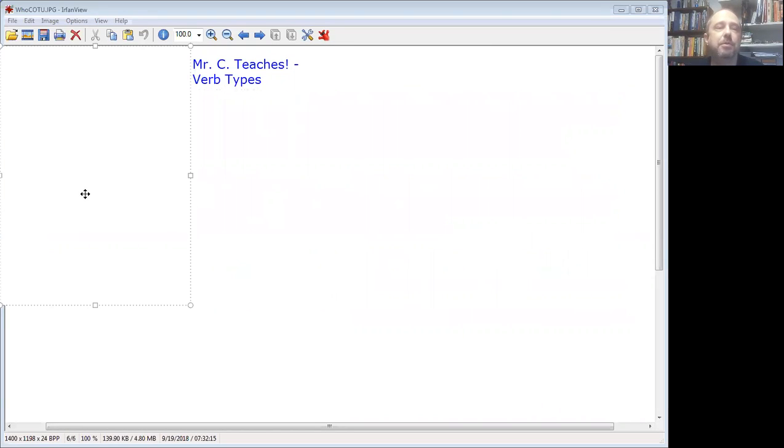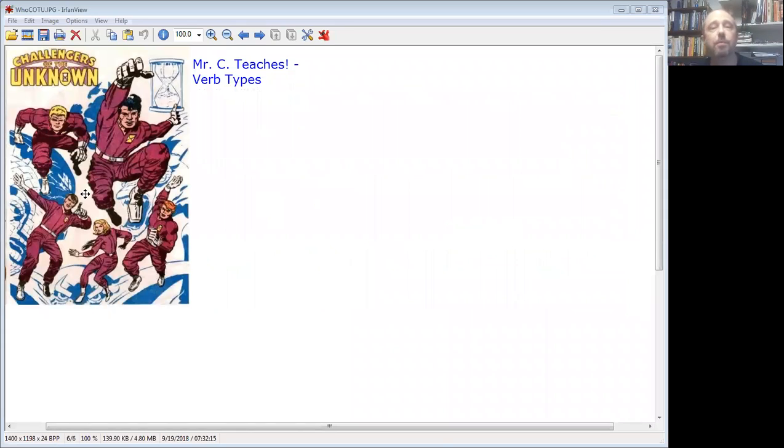And for my example sentences, I've enlisted the help of the Challengers of the Unknown. For those of you who don't know, which would make sense because they're challengers of the unknown, the Challengers of the Unknown were a comic book first published in the 1950s. The characters were at least co-created by Jack Kirby. He might have been the sole creator of them.